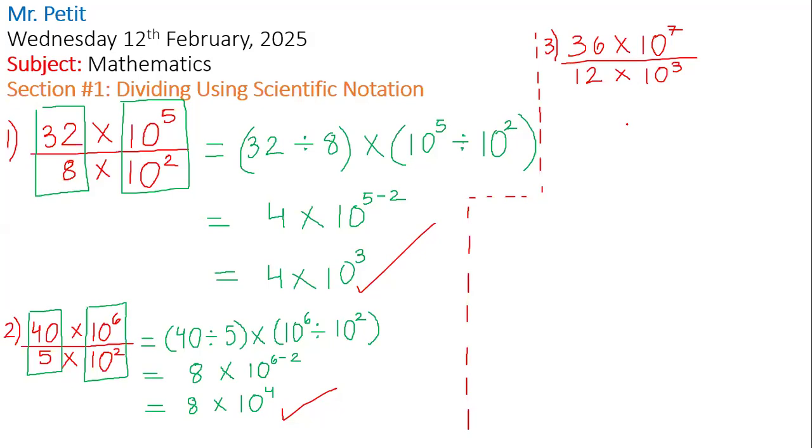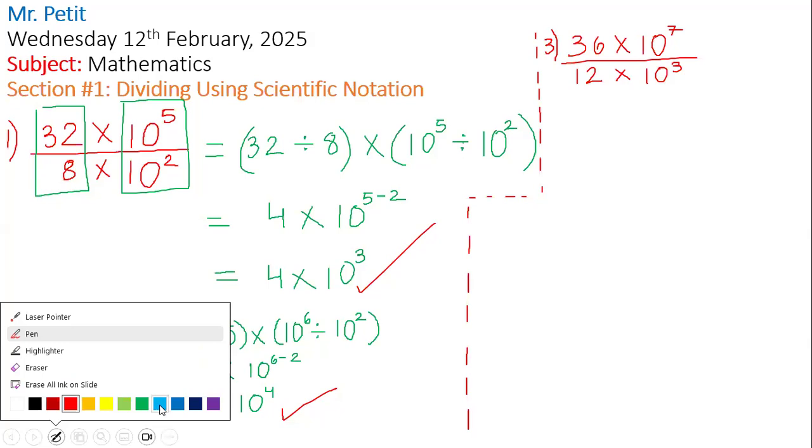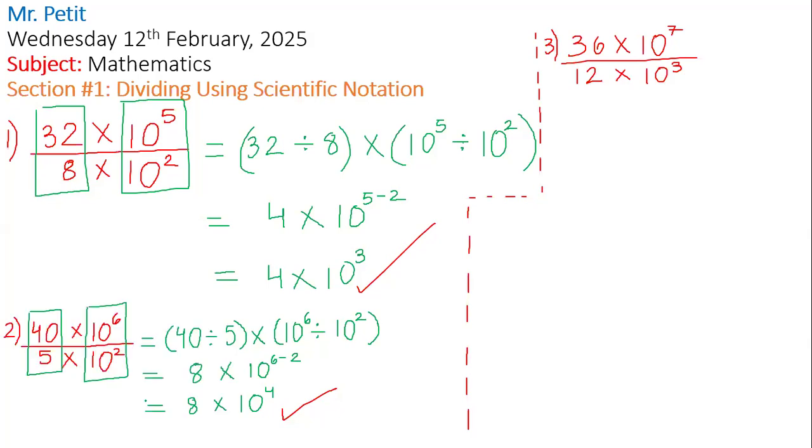What's the first thing we're going to do here? We have to group them. We group the constants and then we group the powers. So we group the 36 and the 12, and the 10 to the 7th and the 10 to the 3rd.